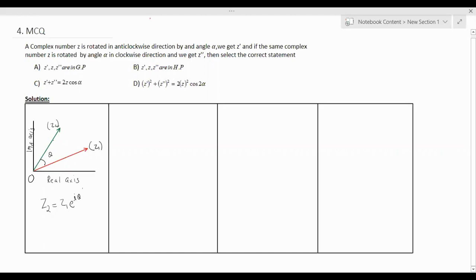Similarly, if you want to go to z1 from z2, you need to rotate clockwise, so you need to multiply with e^(-i theta). Why am I insisting on this concept in this section? Because in this problem, if you know these two concepts, then definitely you will be able to solve it in a very easy way. Okay, let's now come to the problem.